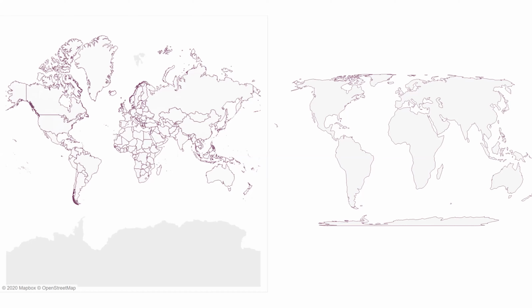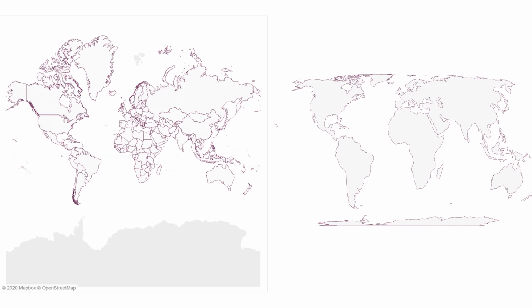Now, web mercator is on the left of the screen right now. And as I've said, it is unsuitable for disease mapping or any map that involves population. And that's because it distorts the real size of nations on the map. And this is especially pronounced the further away from the equator that we move.